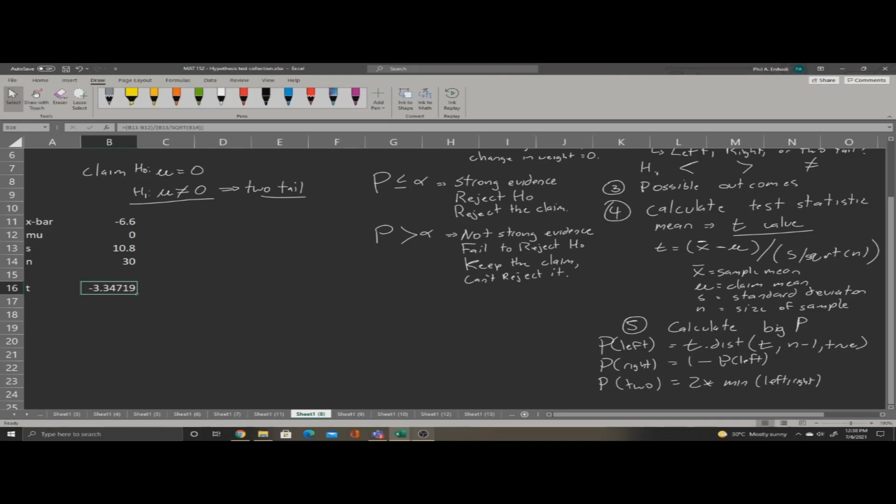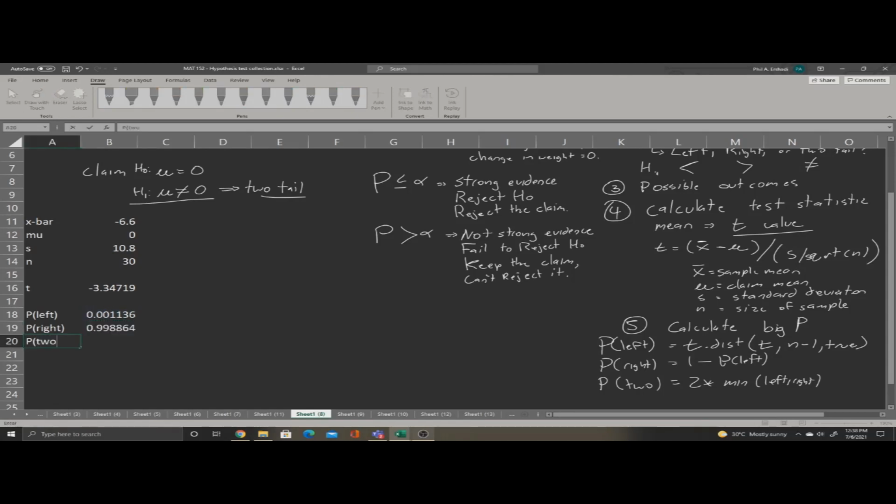So now let's calculate these. For big P on the left, we'll say T.DIST, click the test statistic, comma, n minus 1, comma, true. Now to calculate the right, we'll take 1 minus the left.